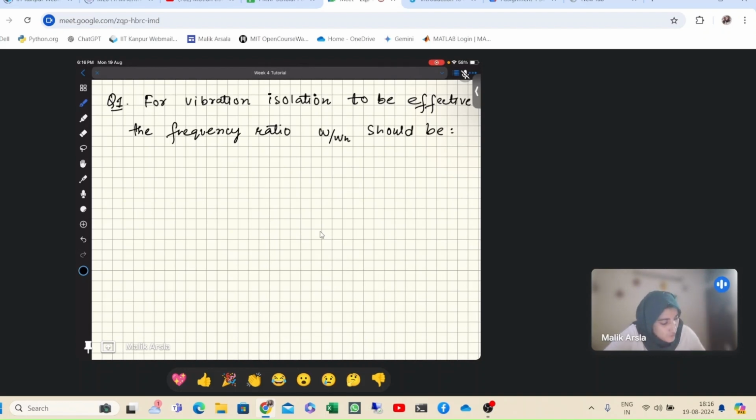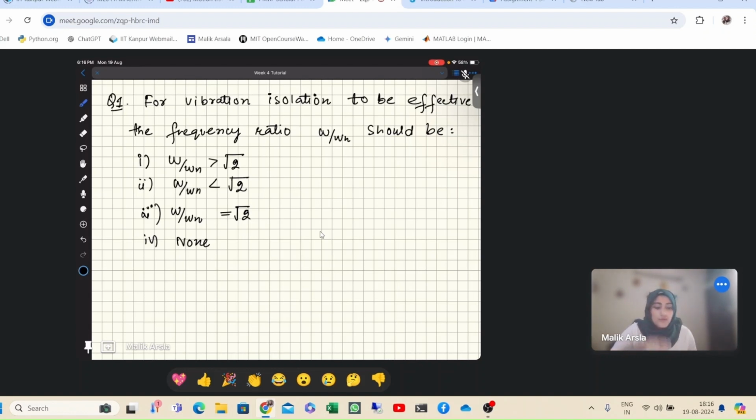Okay, let me give you the options also. The first is omega by omega n is greater than root 2. Second is omega by omega n is less than root 2. Then third is omega by omega n is equal to 2 root 2. Then fourth is none of the above. So tell me what this will be equal to.